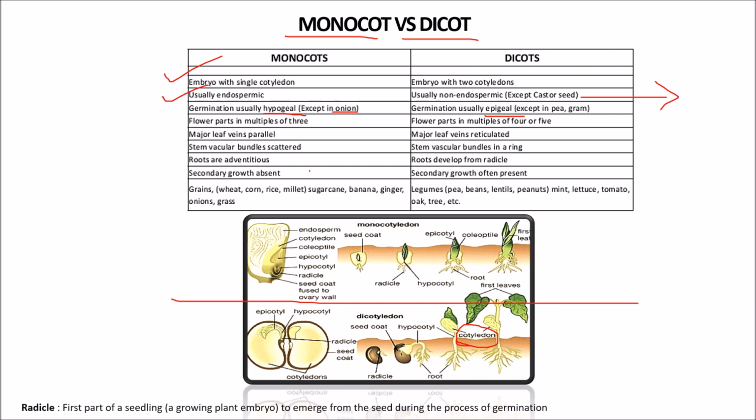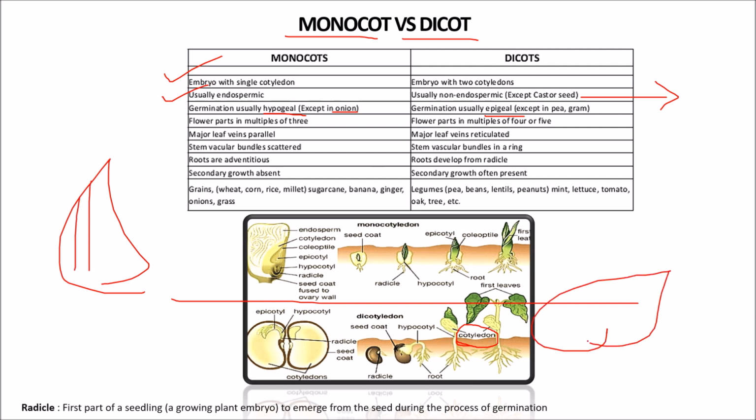Then, flower parts in multiples of three are present in a monocot, and in dicots the flower parts are majorly in multiples of four or five. Regarding major leaf veins, in a monocot they are parallel, and in a dicot leaf they are reticulate in shape. Stem vascular bundles are scattered in a monocot, and in the form of a ring in a dicot.